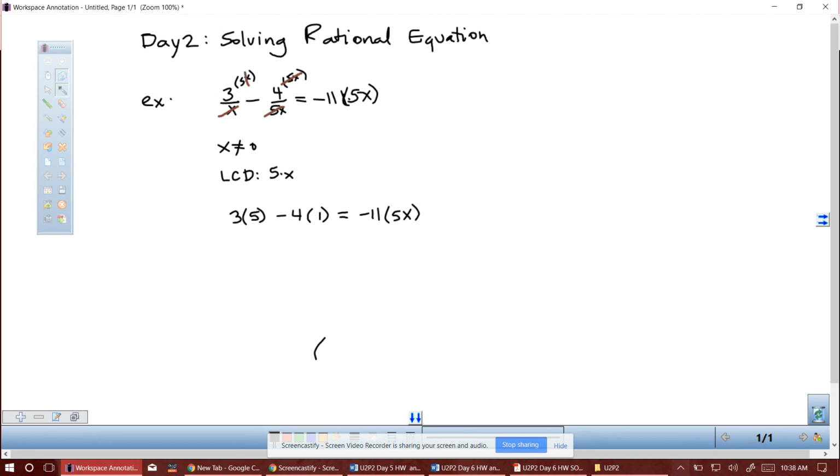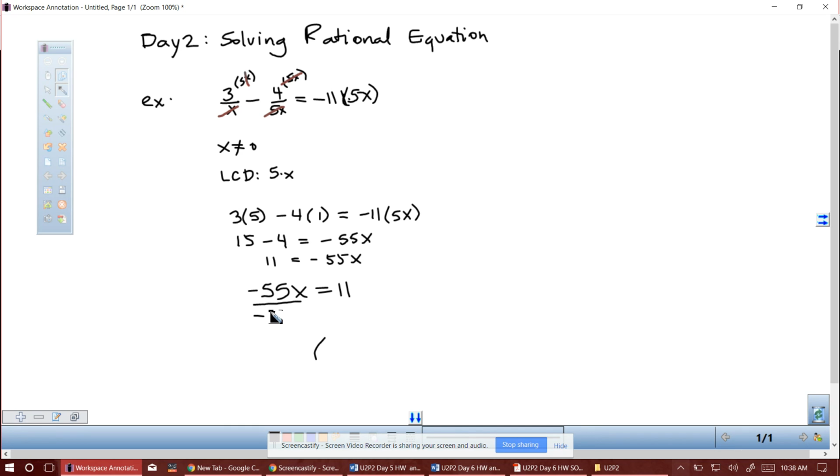So then I'll go ahead and multiply. So 15 minus 4 equals negative 55x. And then that gives me 11 equals negative 55x. And y'all know me, I'm going to write that as negative 55x equals 11.